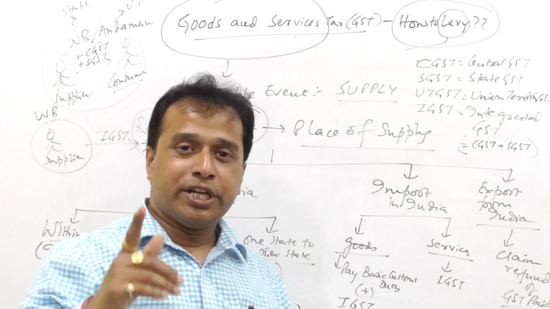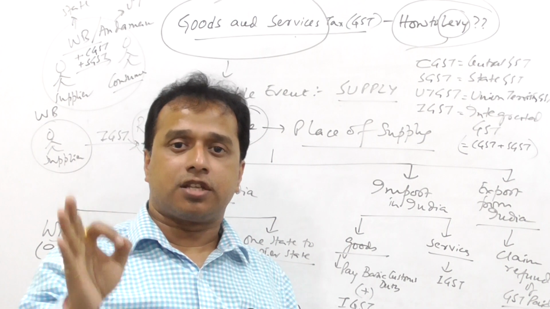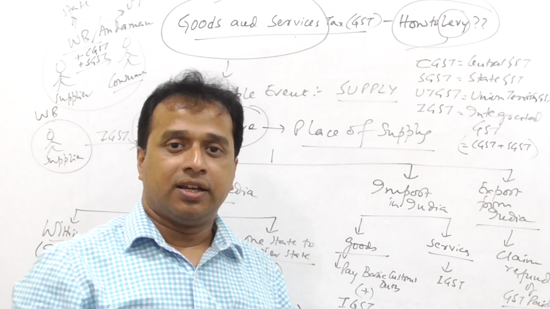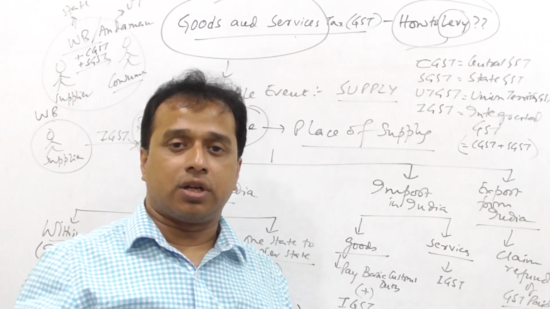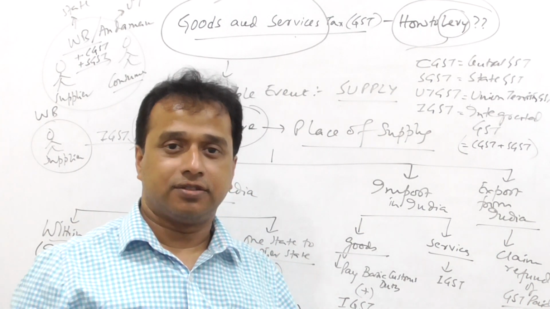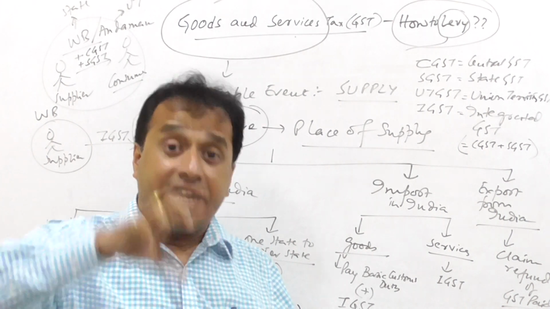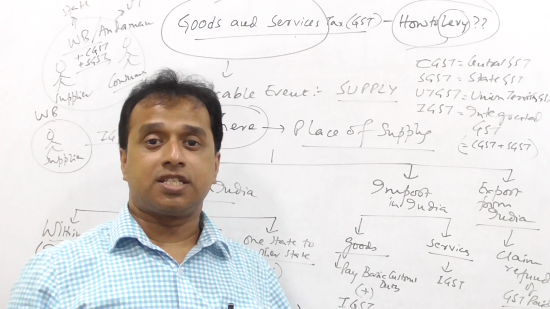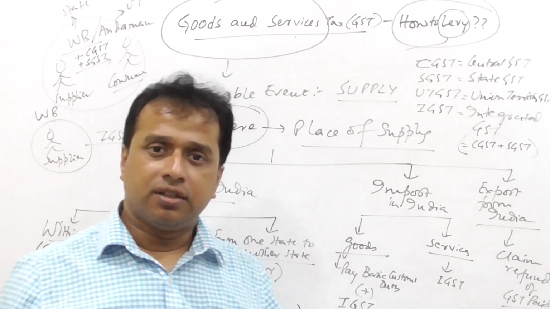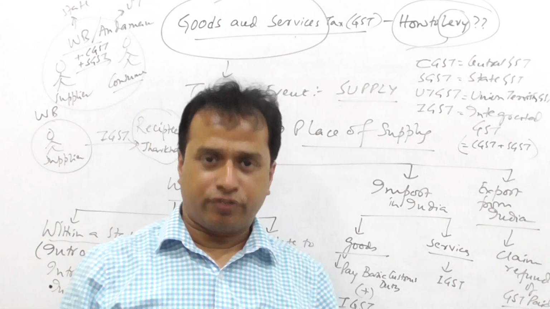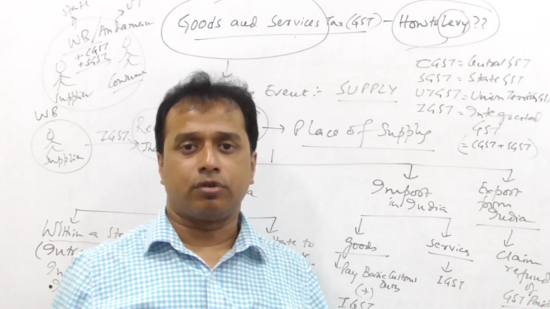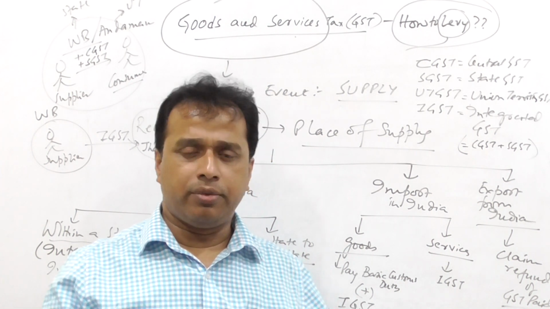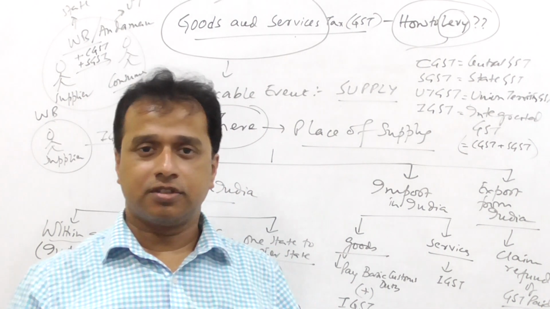And mind you, since it is a destination based consumption tax, wherever there is more consumption, wherever there is more population, there is a tendency that particular state will stand to gain more under GST. Just imagine, West Bengal has an official population of 9.85 crores. Unofficially maybe 10 point something or 11 crores.